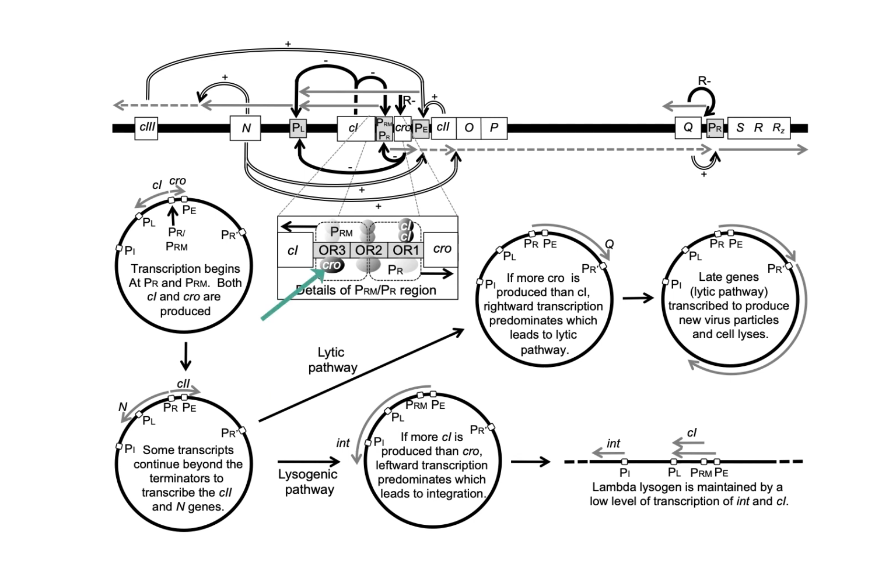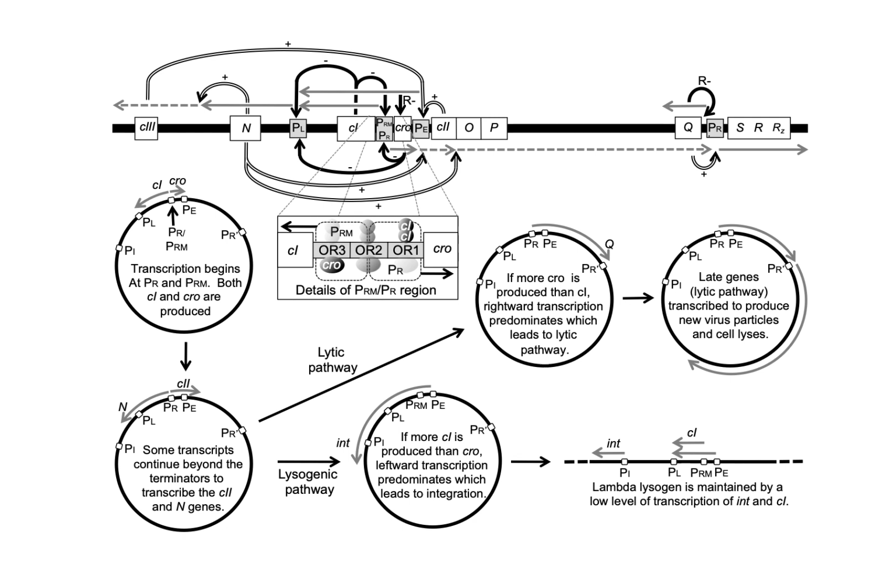But if you have more Cro than CI, then it will bind to OR3 and it will block the PRM promoter, and so it will inhibit the lysogenic pathway. And so you can see down below, if you start from CI and Cro, you make some of each.